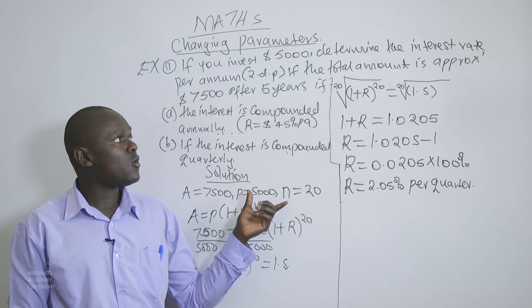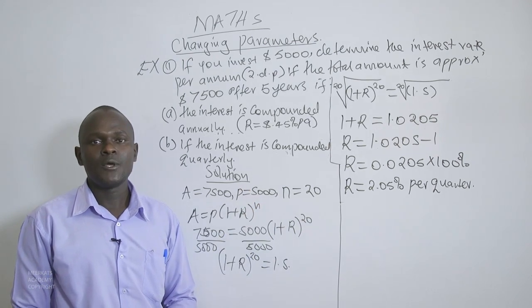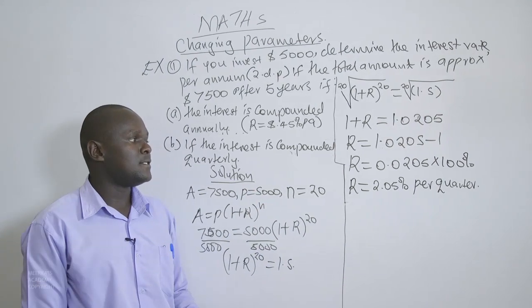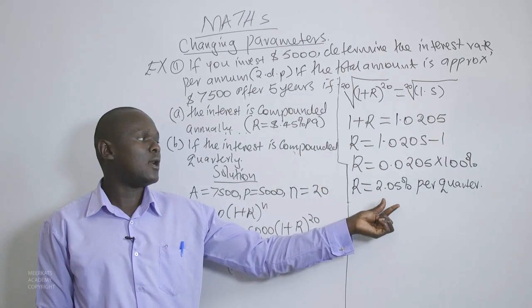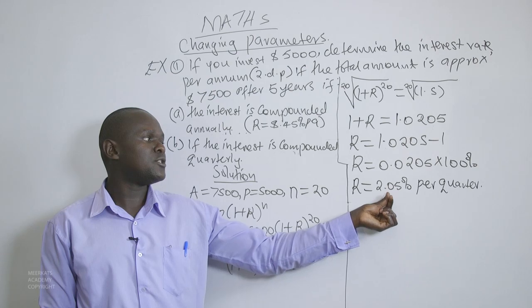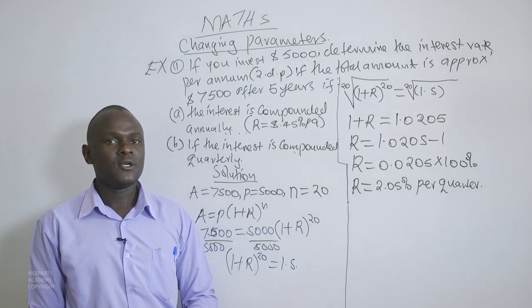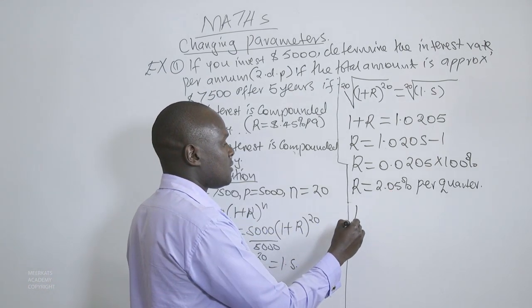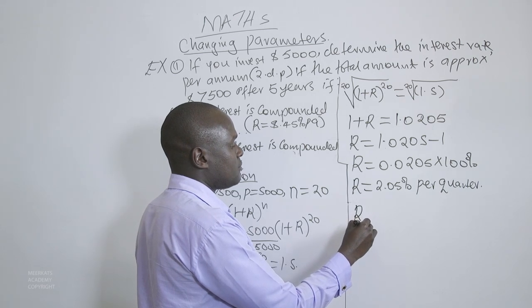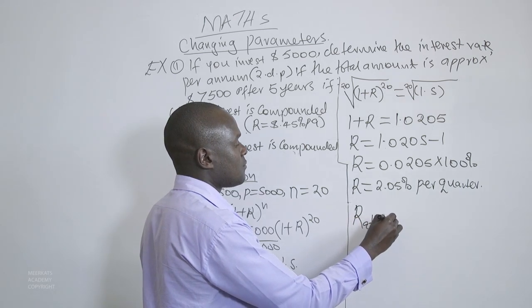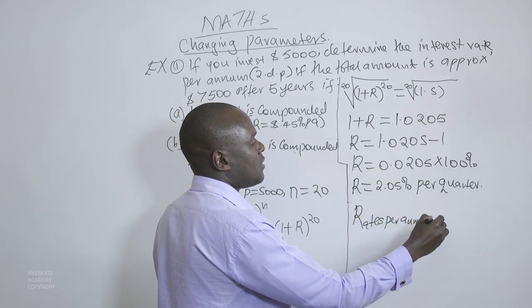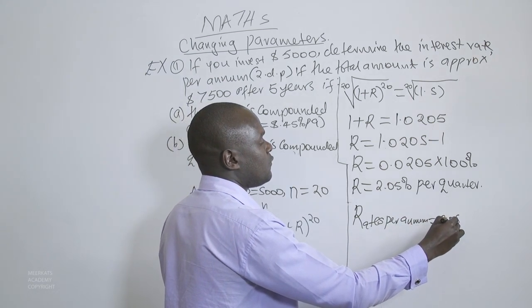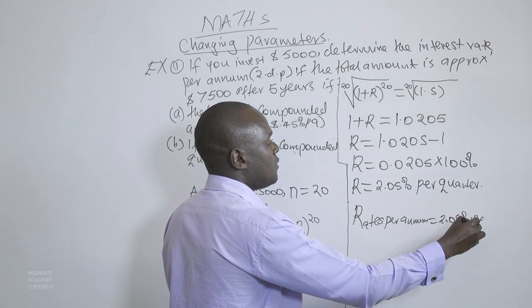And the question requires us to find the rates per annum. And in a year, we have 4 quarters. And for a quarter we have 2.05%. So for 4 quarters, the rate per annum will be 2.05% times 4.